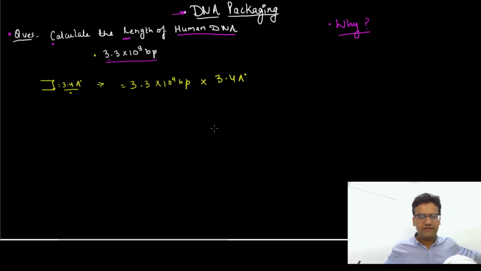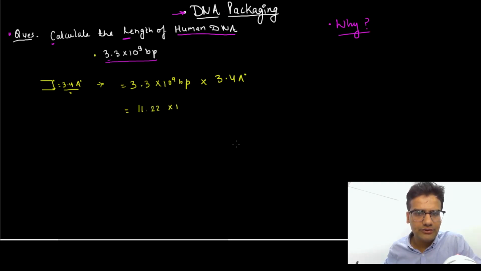If you solve this, 3.3 into 3.4 angstrom is roughly equal to 11.22 × 10^9 angstrom.